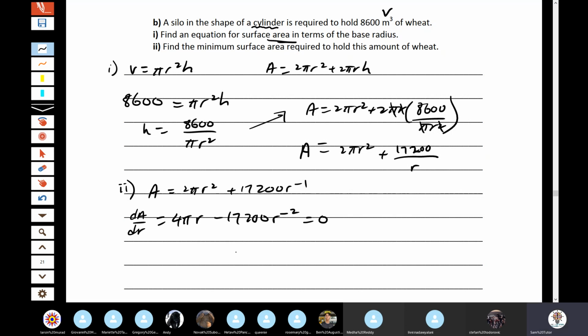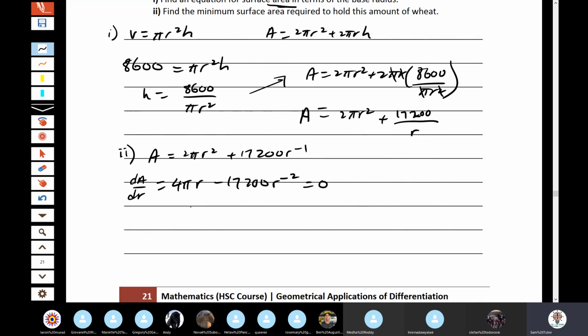Yeah, solve for r, but what don't you like this time when you're solving? Yeah, I don't like that negative 2 this time. So what are you going to do now? Turn it back: 4 pi r minus 17,200 on r squared. Multiply everything by r squared. I believe all of you should be able to get the next line in one step.